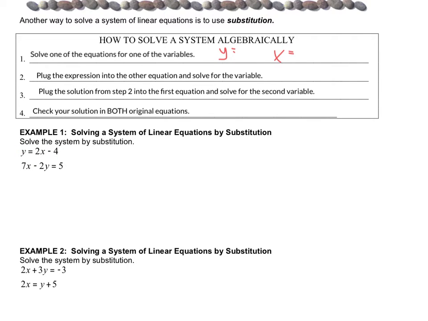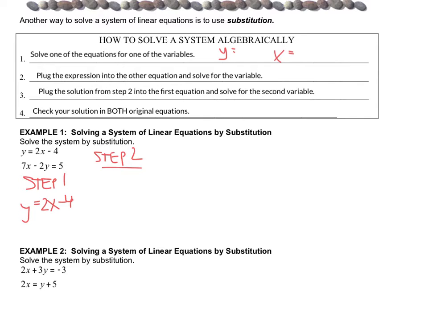So step 1 is already solved for me. There's step 1, and all I did was bring down that equation. Then for step 2, step 2 says plug the expression from step 1 into the other equation.